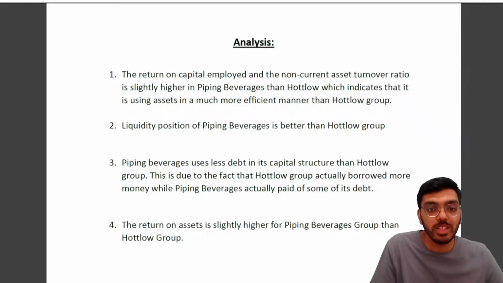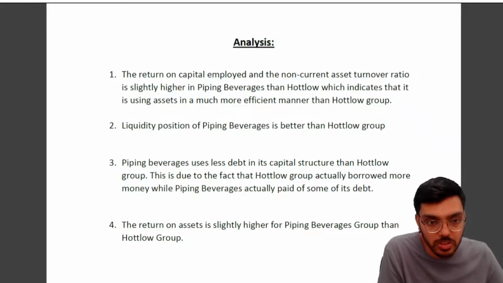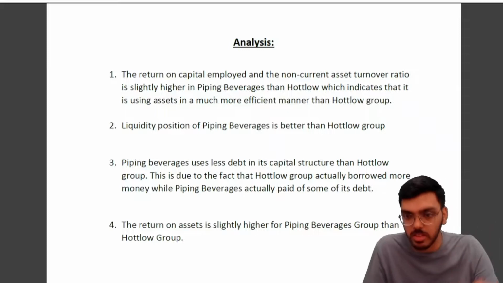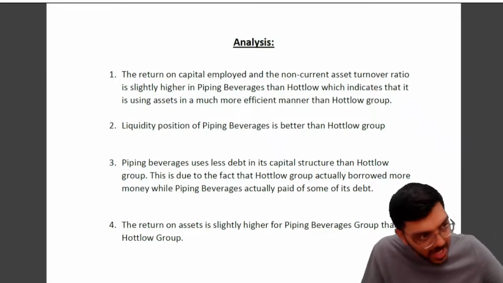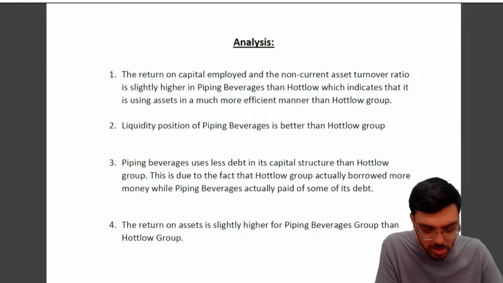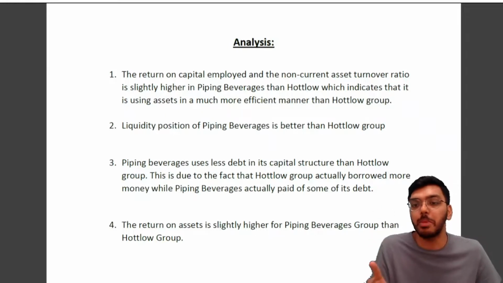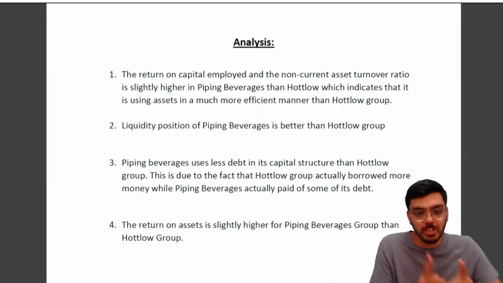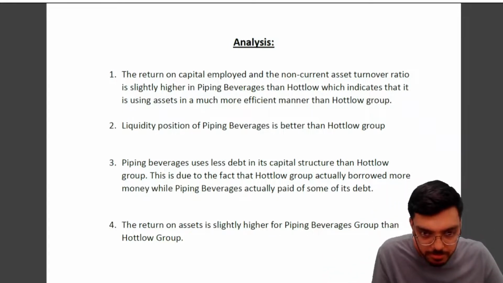Piping Beverages uses less debt in the capital structure than the Hotlo group. This is due to the fact that Hotlo borrowed more money this year and Piping paid off some debt. So our gearing is pretty much the same, but that has happened after Hotlo has taken more debt and Piping has paid off some of the debt.